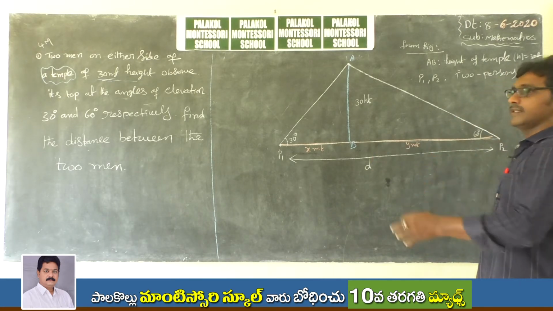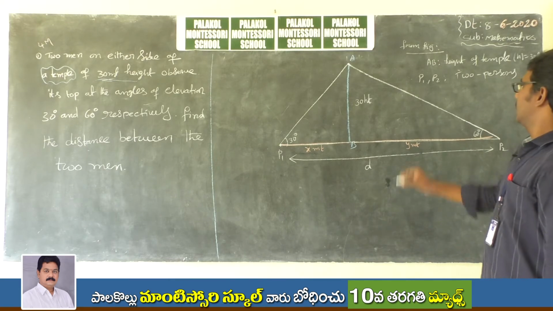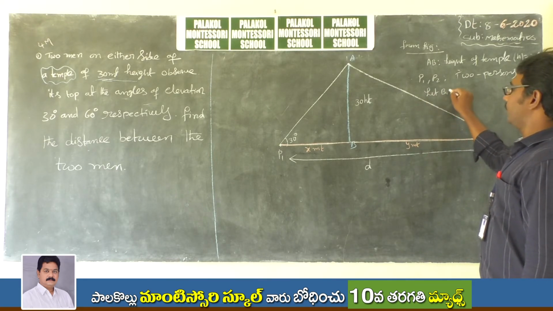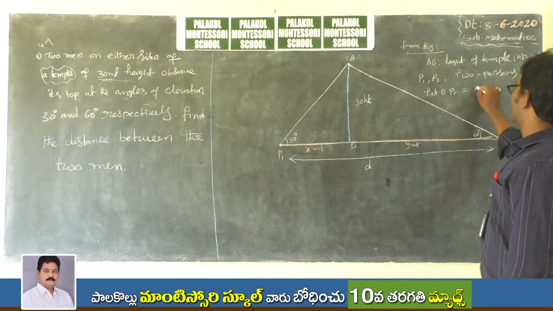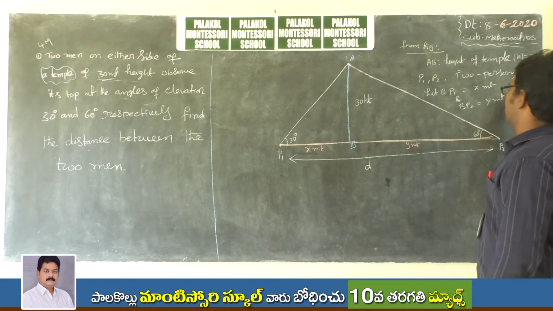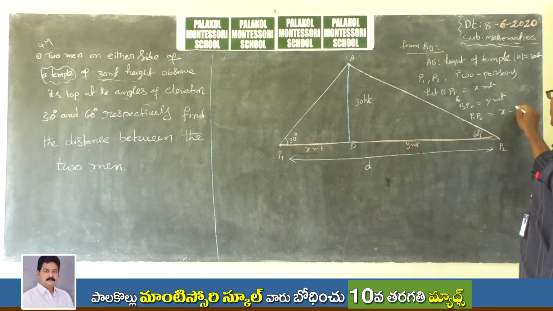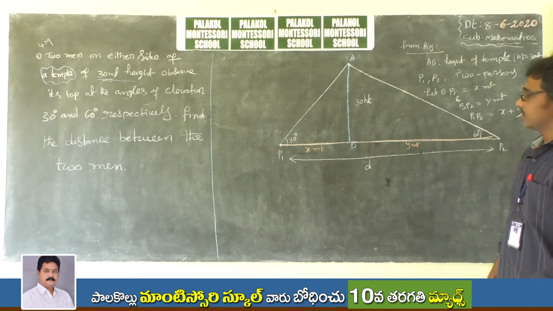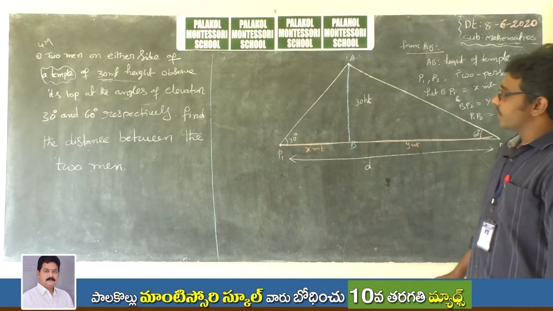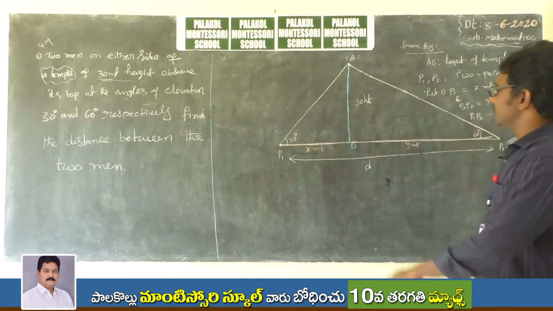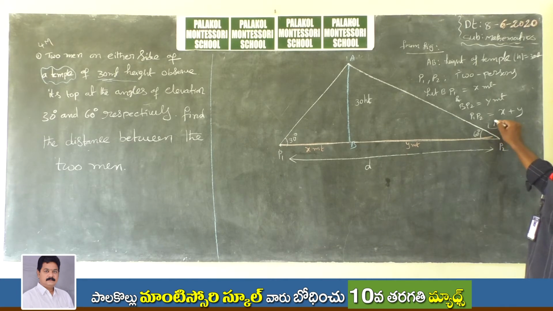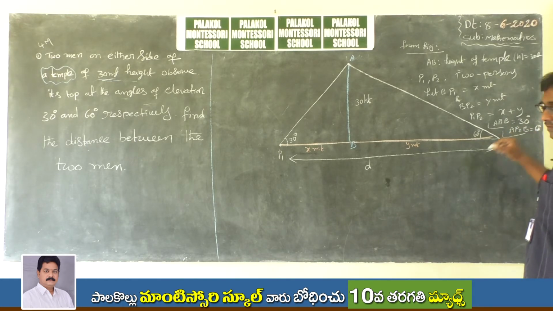P1 is the first person, P2 is the second person. Let BP1 equal x meters and BP2 equal y meters. But you want the distance between the two persons, so simply write y plus x. Here it forms angles of elevation. On one side angle AP1B equals 30 degrees, on the other side angle AP2B equals 60 degrees.